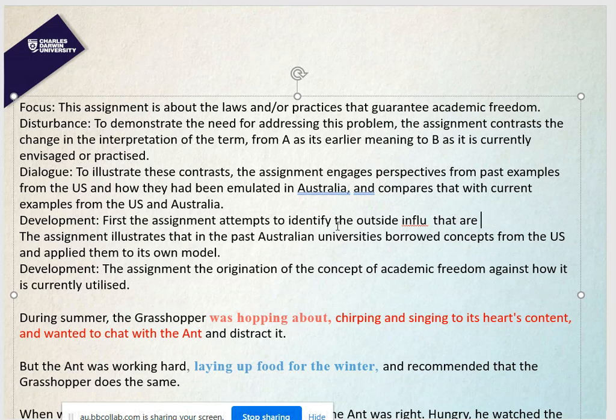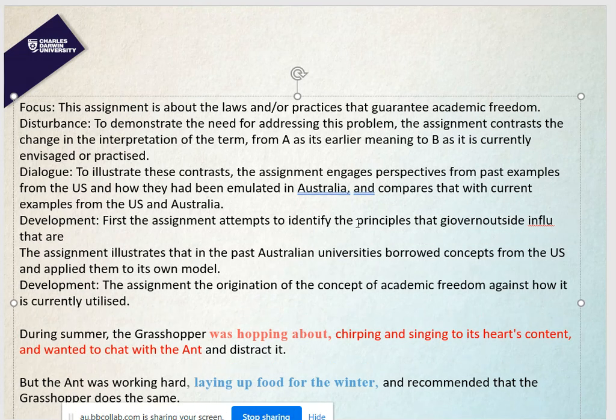The assignment attempts to identify the principles that govern the academic freedom narrative and how they have been shaped in the past.